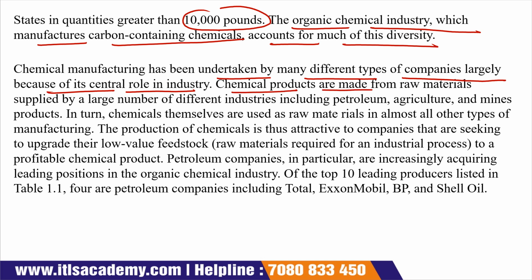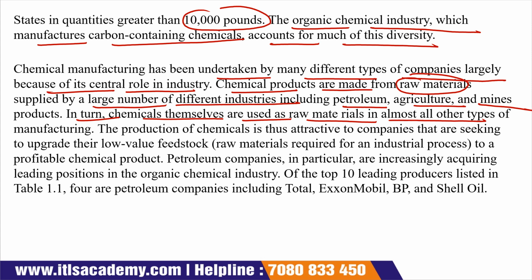Chemical products are made from raw materials. These raw materials are supplied by a large number of different industries, which include petroleum, agriculture and mining products. In turn, chemicals themselves are used as raw material in almost all other types of manufacturing.